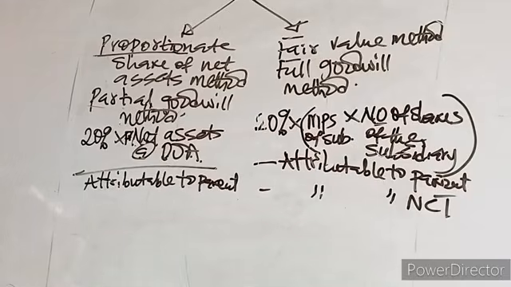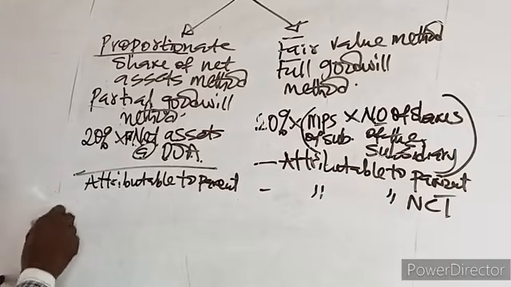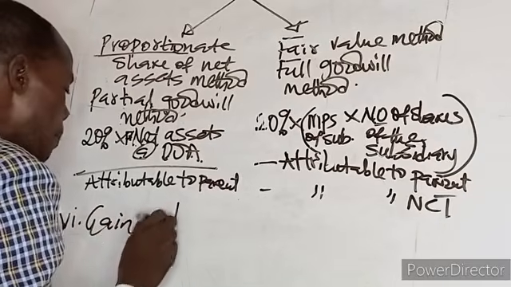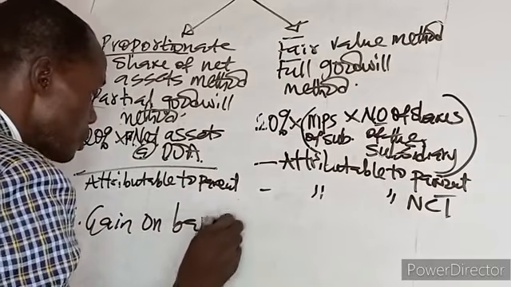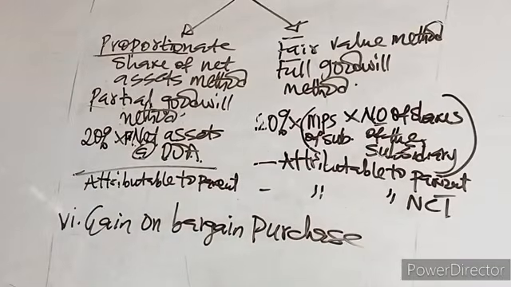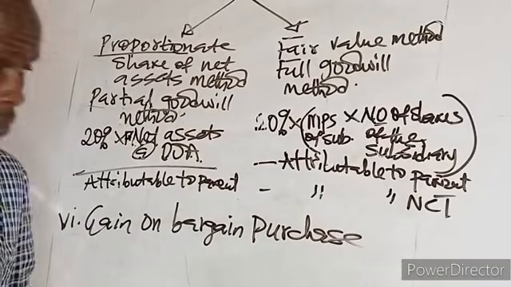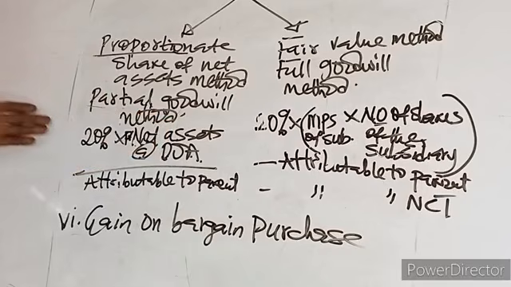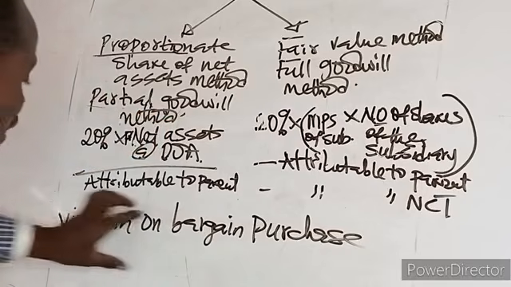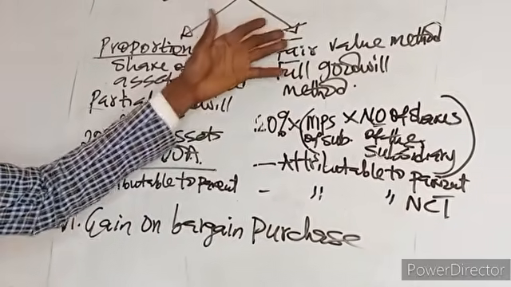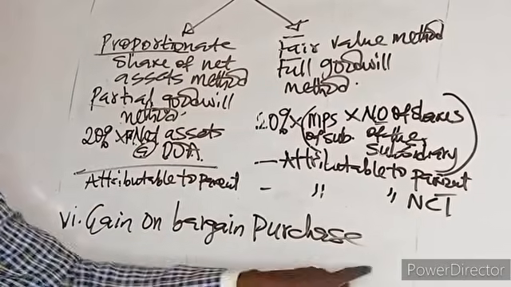Now, having examined goodwill, I think I'm on number 6: gain on bargain purchase. Gain on bargain purchase can also be called negative goodwill. That is, when the fair value of net asset acquired exceeds the purchase consideration, then you have the gain on bargain purchase.